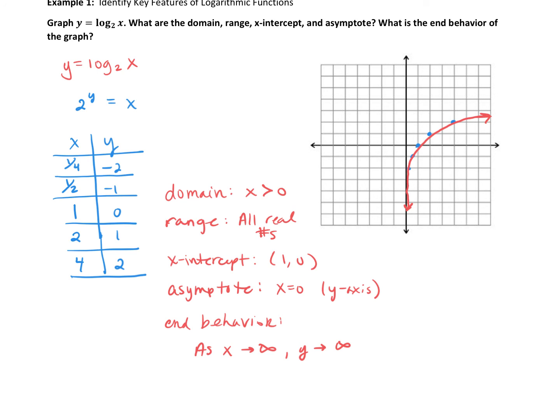So instead of saying as x approaches negative infinity, now our x's are approaching 0. So as x approaches 0, what's happening with our function? The y's are decreasing. They're getting more and more negative, so they approach negative infinity. So you have to be careful there with these log functions, as your end behaviors are going to look just a little bit different in terms of what those x's approach.